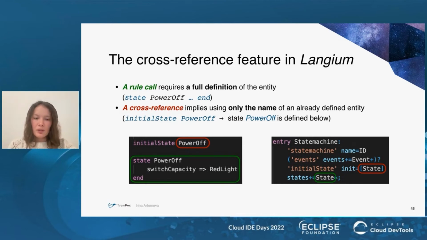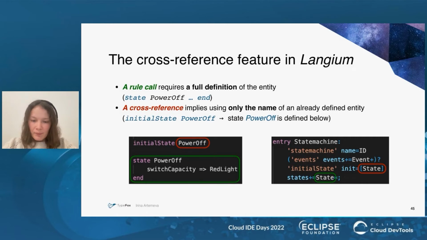Otherwise, when we use a cross-reference, we are waiting for only the name of an already defined entity to be used at this moment. So basically, we have a reference. For example, we have two different rule calls of the state parsing rule. In one place we had it with square braces, so it was actually a cross-reference. And in another place we had it like a usual rule call.